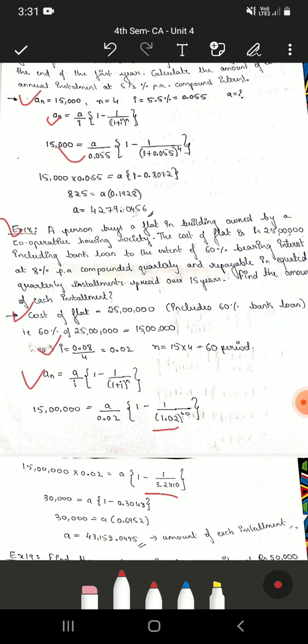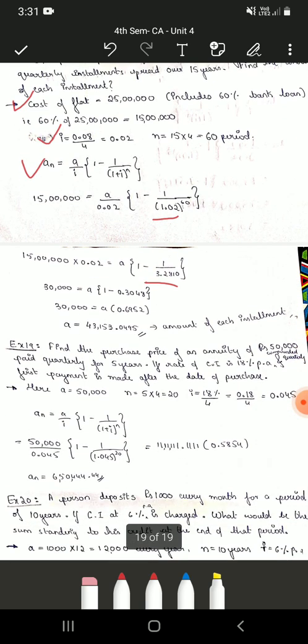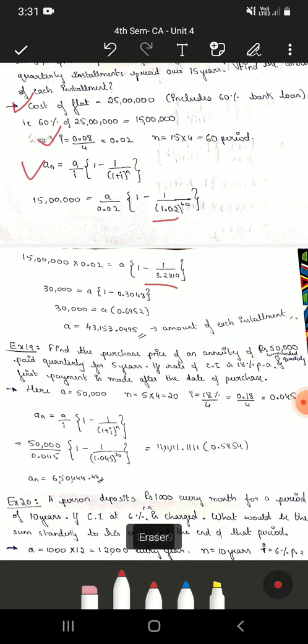So you simplify this, solve for A, you get A as 43,153 rupees approximately, which is the amount of each installment. You'll be given the log books, so you can use log also, even if the power is 10 or 20 or 5.